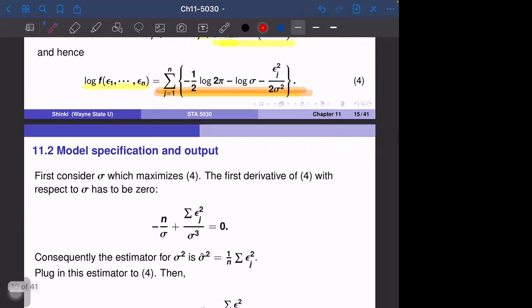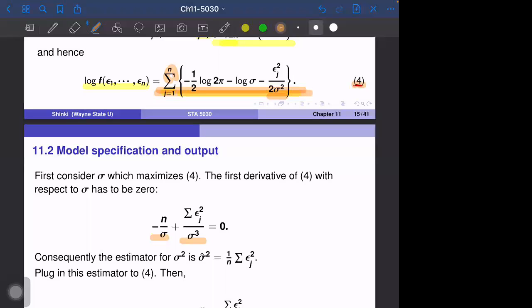So we take that strategy. We differentiate the quantity number 4 by sigma. Then the negative log of sigma becomes negative n over sigma. And the last term, epsilon j squared over 2 sigma squared, becomes the summation of epsilon j squared divided by sigma cubed, because when we differentiate sigma squared, a 2 appears and cancels with the denominator 2.